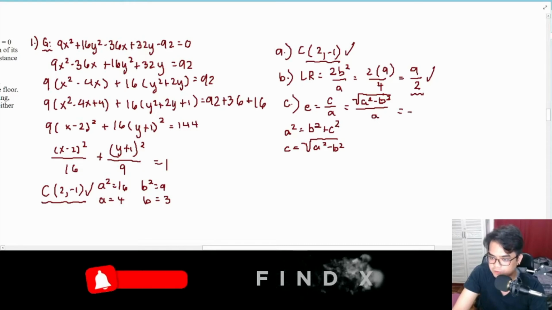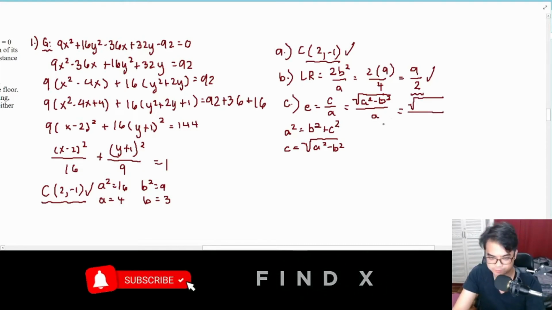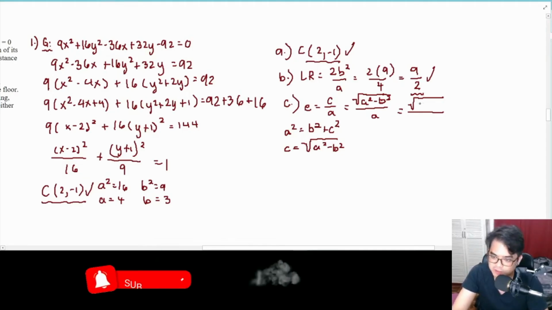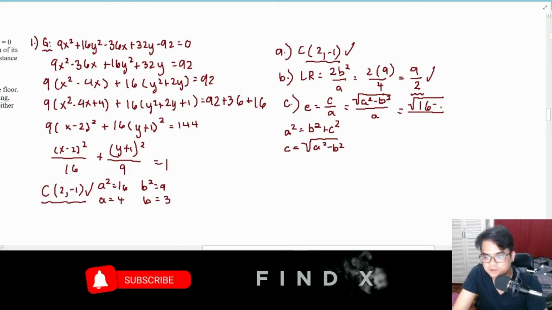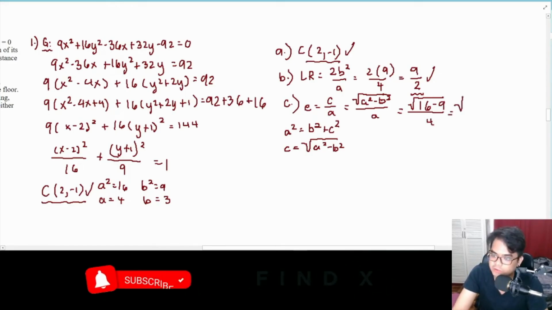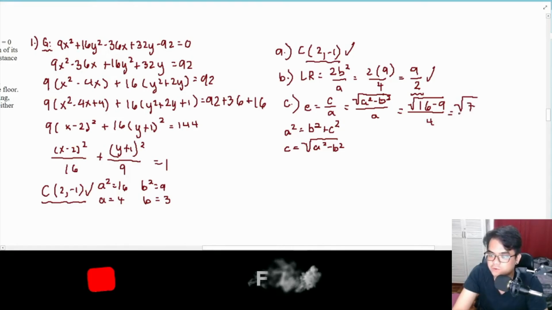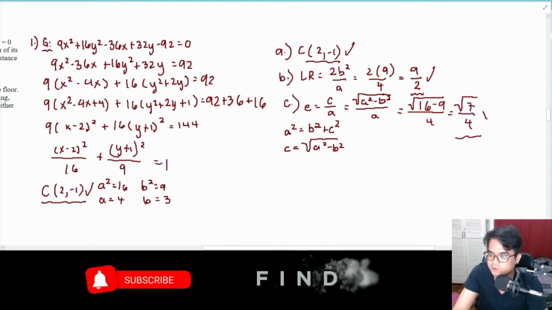So this will be equal to the square root of 16 minus 9, all over a, which is 4. So this is square root of 7 over 4. So this will be your answer.